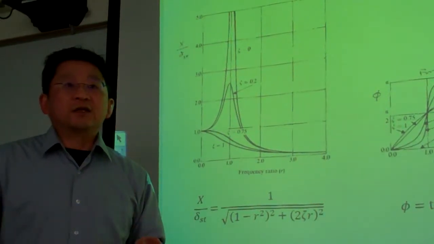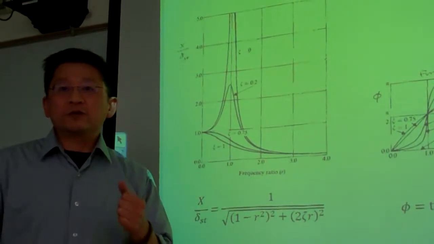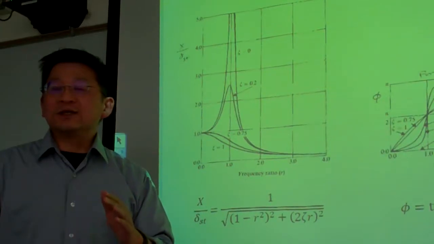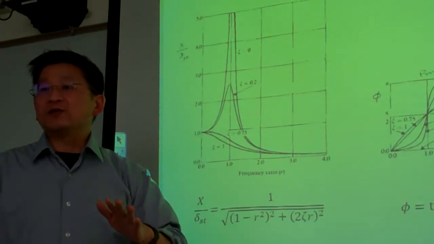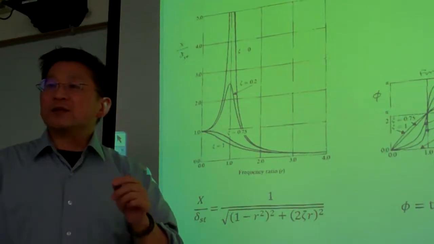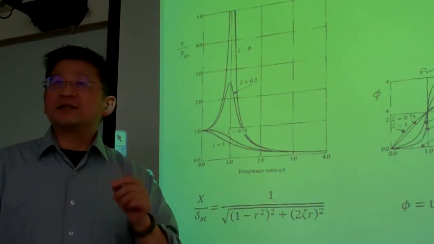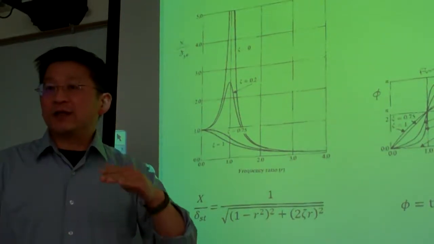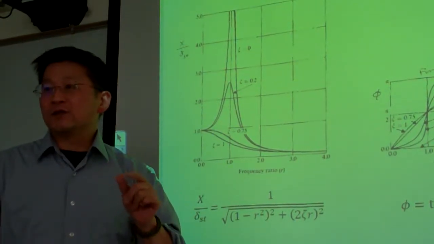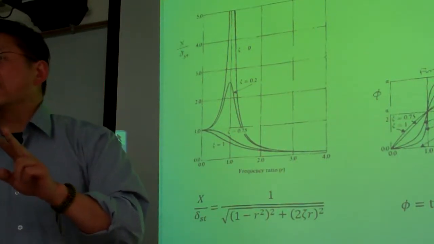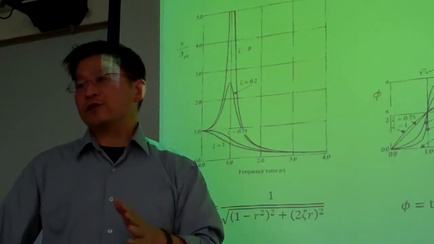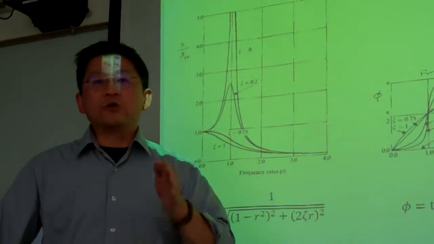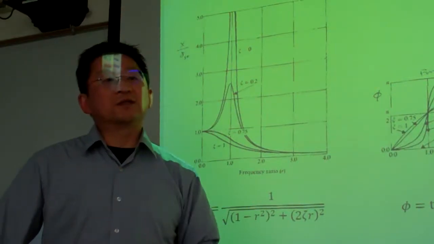The second case is if you choose your damping ratio large enough, then you wouldn't see any peak. That means you should expect the steady state response to have a maximum magnitude that is smaller than the static deflection. So these two scenarios provide us design considerations: whether you want to maximize the system's vibrations or minimize them.